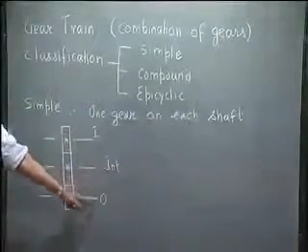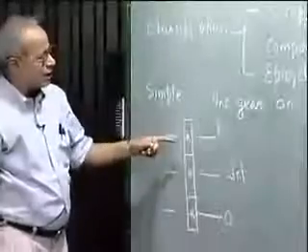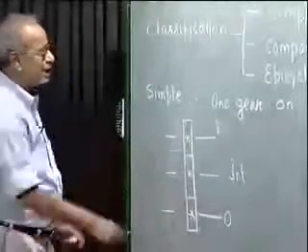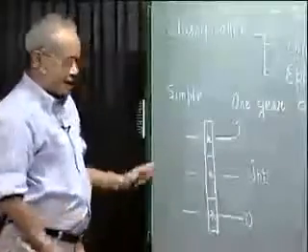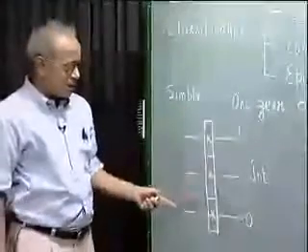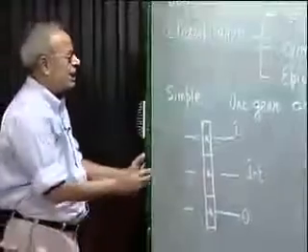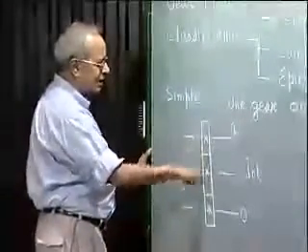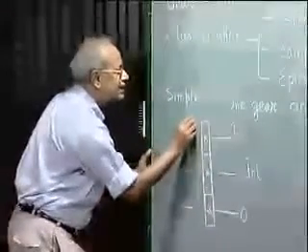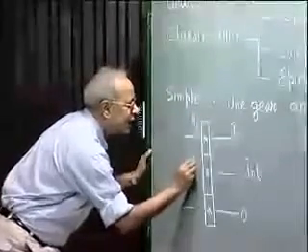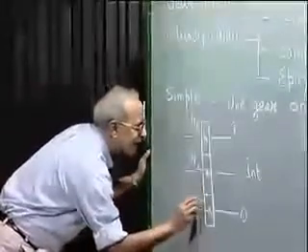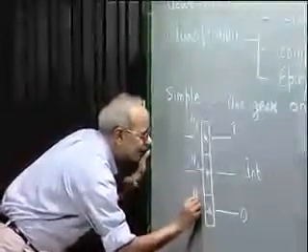Input shaft, output shaft, and there is an intermediate shaft, and there is one gear on each shaft, and the motion from this input is transmitted to the output. Now, analysis of such a simple gear train is almost trivial. As we see here, these are all external gearing, and the number of teeth is, say, N1 on this gear, N2 on this gear, and N3 on this gear.